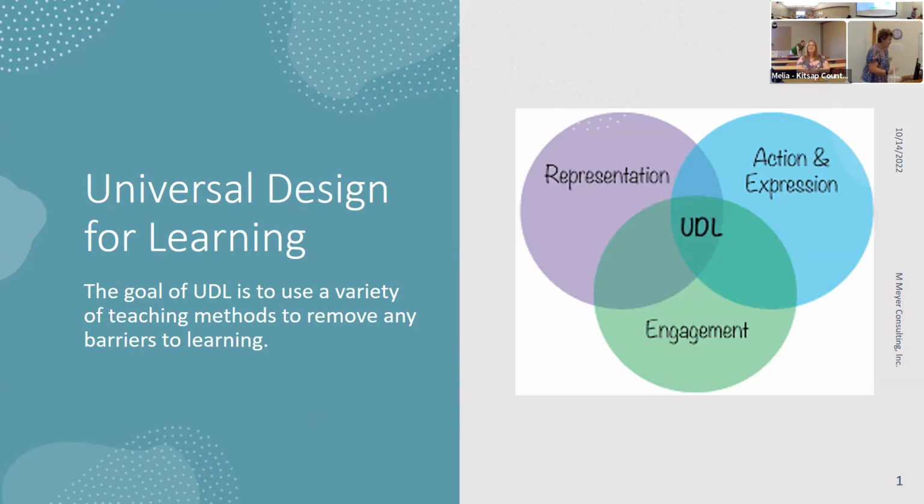All right, so we're going to be talking about universal design for learning today. Universal design for learning is a way of providing teaching methods, basically to remove barriers to learning.